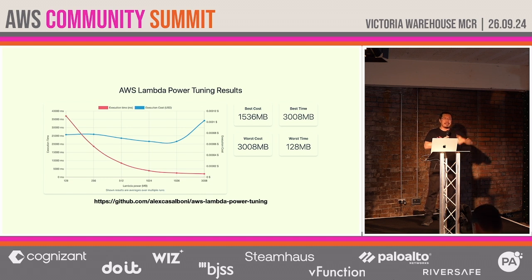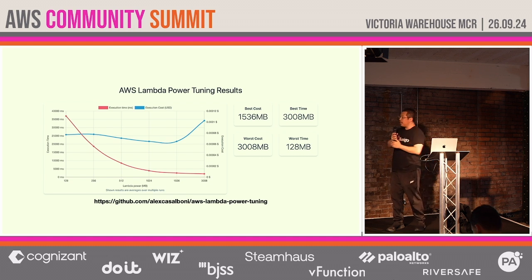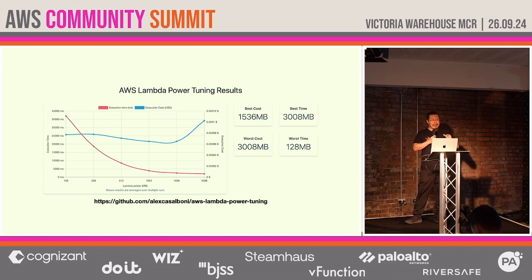And then it's going to run a number of invocations against each one of those. So then you can find out, as your memory allocation increases, does performance improve and does your cost change, so that you can then pick the memory setting that's going to give you the most bang for your buck.